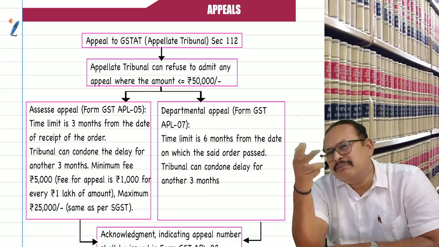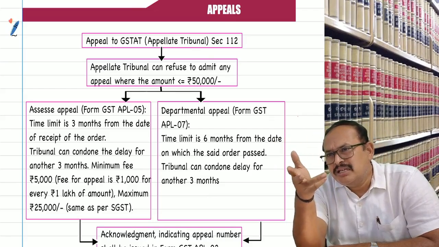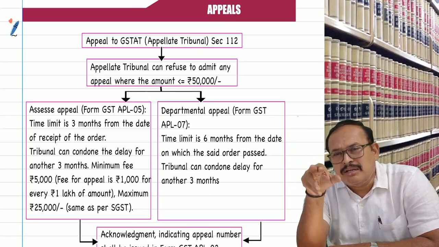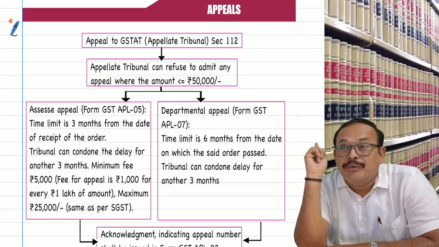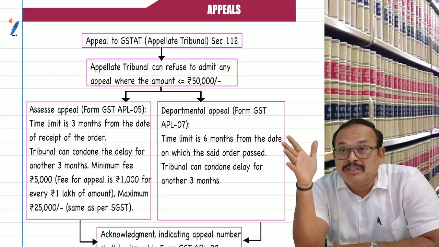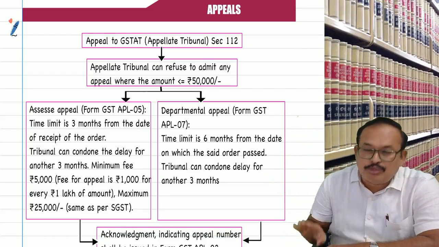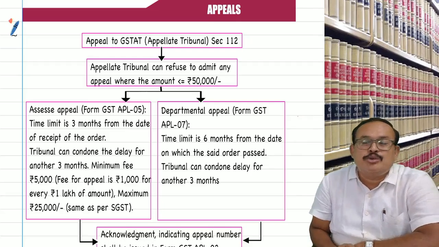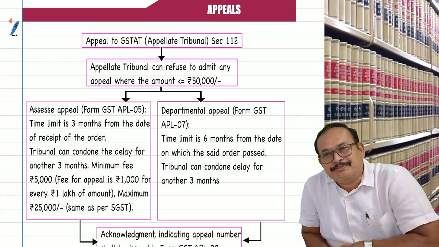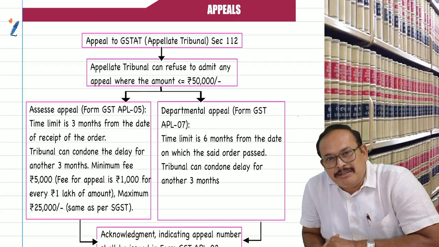Can the department demand by issuing a notice, or pass an order, if the total demand is less than rupees 2000? Also no. No demand will come, no notice will be issued if the value is less than CGST 1000, SGST 1000. Together less than 2000, there won't be any show cause notices or orders passed. You get my point, sir?